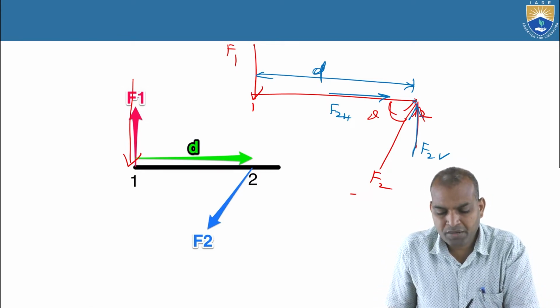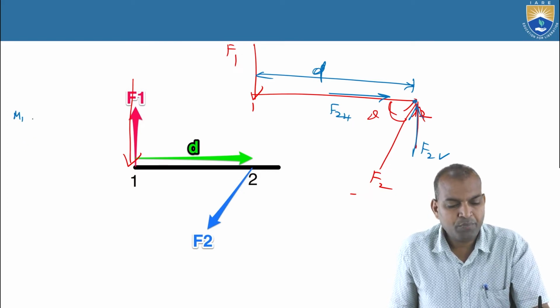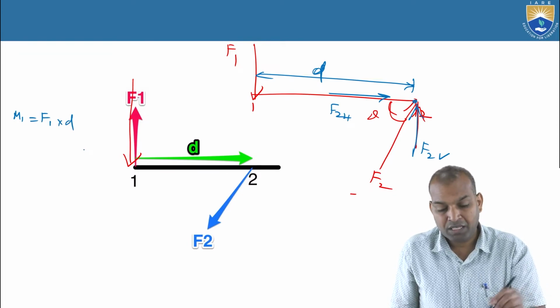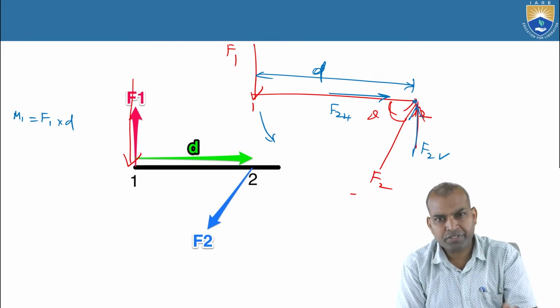Now, the moment of the force caused by the F1 force, that is M1 equal to F1 times D, is in the counterclockwise direction.